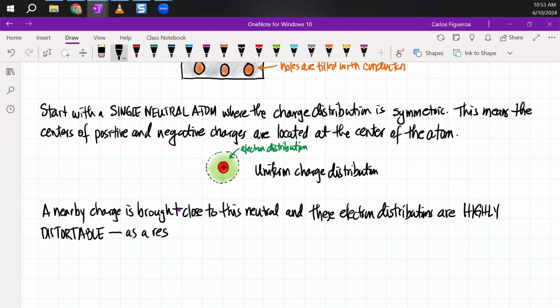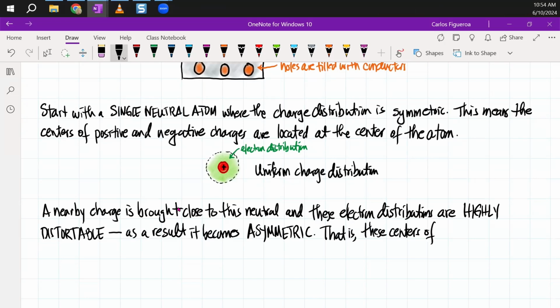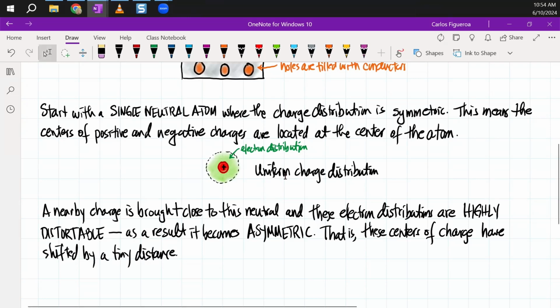As a result, it becomes asymmetric. That is, these centers of charge have shifted by a tiny distance. And I mean tiny. It's a very, very tiny thing.